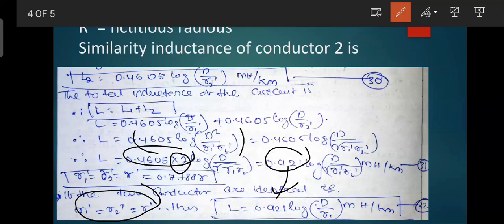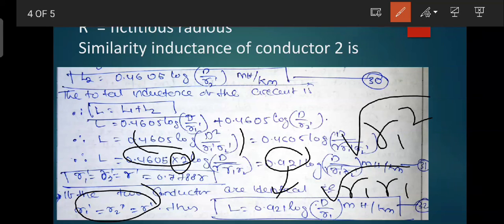Here we have taken r dash into r dash under the root, that means r dash only. So this is our formula for the inductance of the single phase two-wire line.